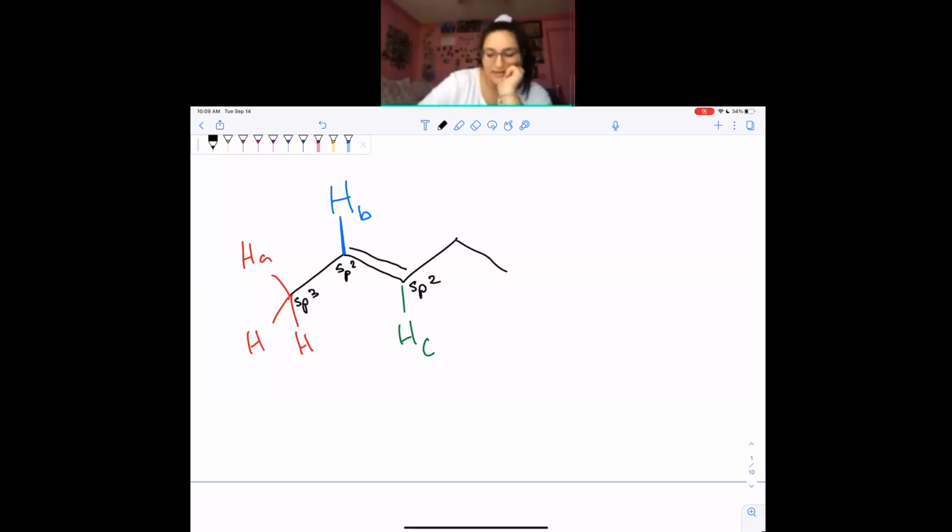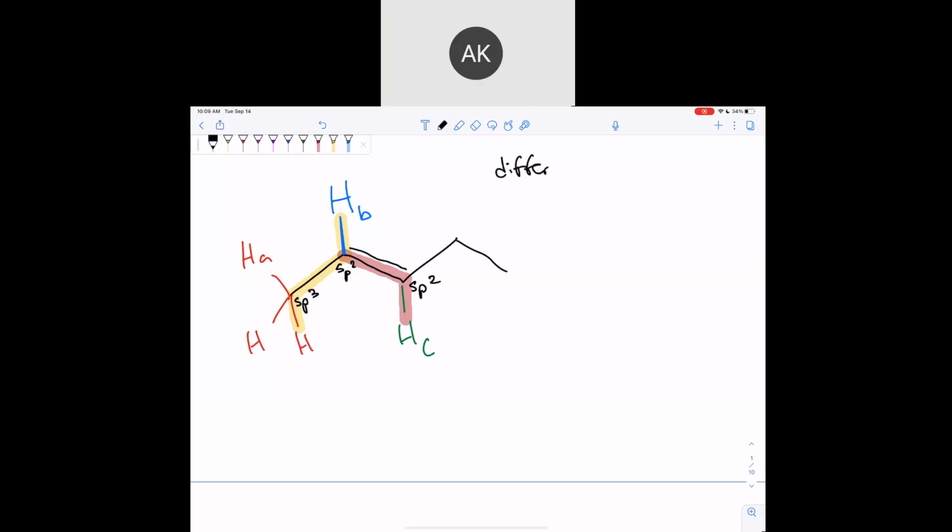If we're looking at hydrogen B, one of its neighbors is sp3 and the other neighbor is sp2. So this essentially translates to different J values. The way this would be written on a test is JAB, which is this J value.